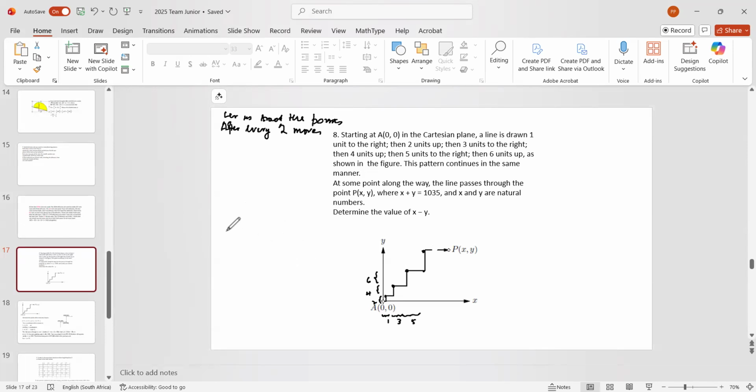You can see that the x-coordinate is going to be 1 plus 3 plus 5. Because the x-coordinate increases by odd numbers.